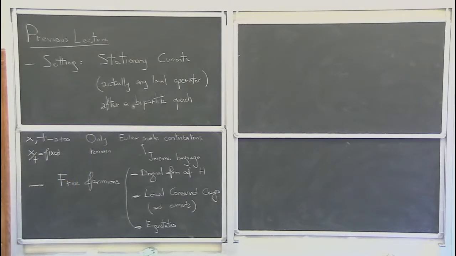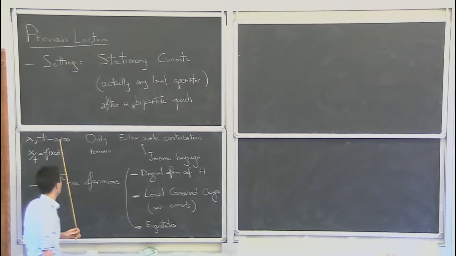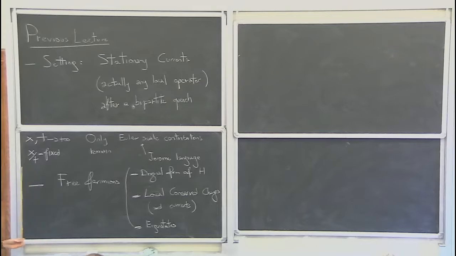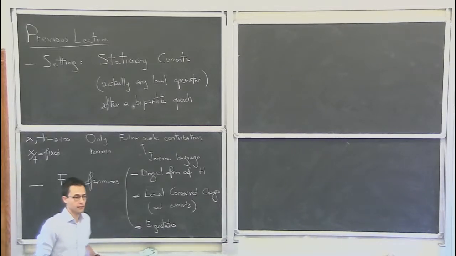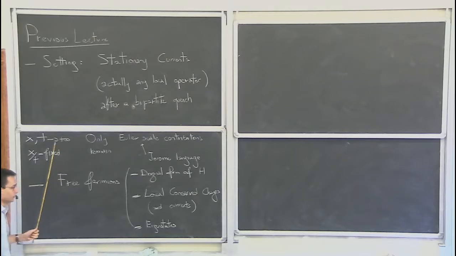In particular, we focus on the limit of x, the position of the observable, and t, time, to infinity, keeping fixed the ratio between these two quantities, which means, in the language of last lecture, that here we care only about the Euler scale. Everything else is killed by this particular limit.